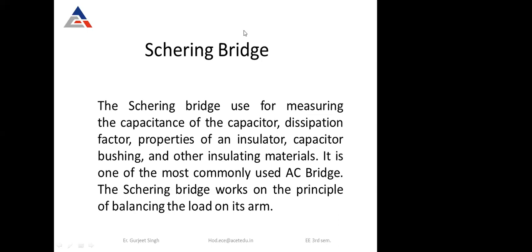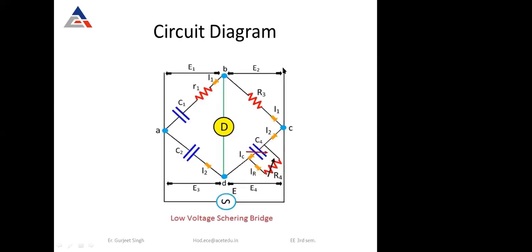Next, this is the circuit diagram of the Schering bridge. The first arm, arm AB, consists of the capacitor C1 and the resistance R1.